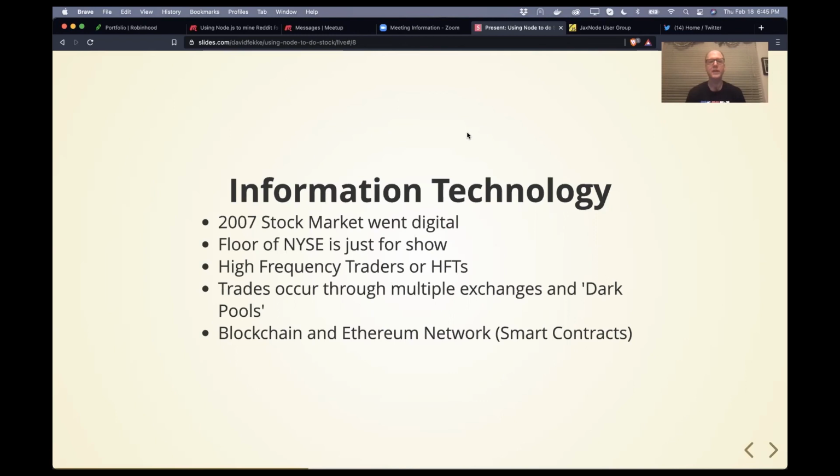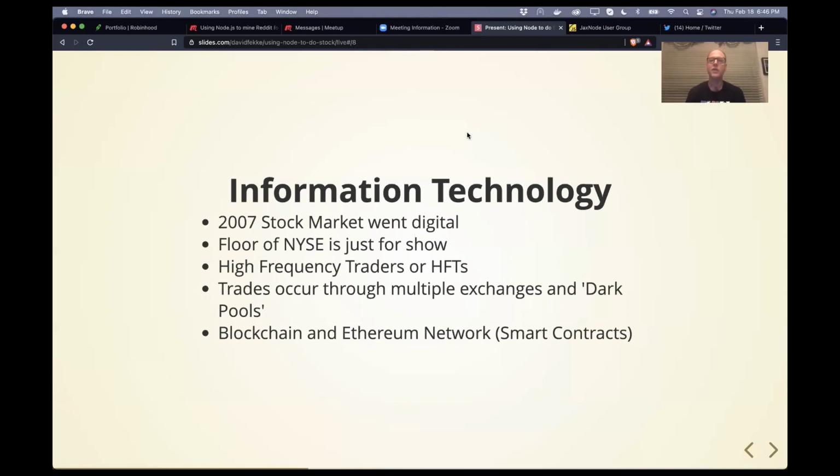And there are also all these new exchanges that have cropped up. And there's also something that you might have heard about recently called dark pools. All a dark pool is, is an unofficial exchange. So like Goldman Sachs, a lot of the big investment banks have their own dark pools where you can buy and sell different securities.